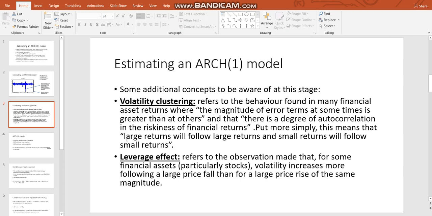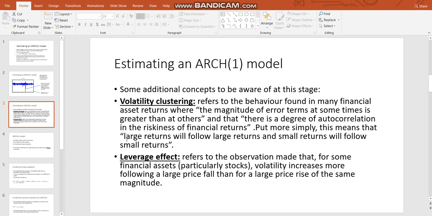That means if the volatility of the returns of an asset is high in a previous period, it's probably going to be high in the current period and may even still be high in future periods. Whereas if the volatility is very low and stable, that means it's probably going to be low in the present and future periods too, until a shock is introduced.